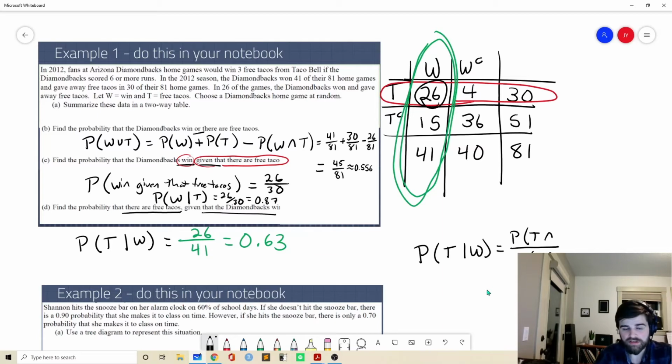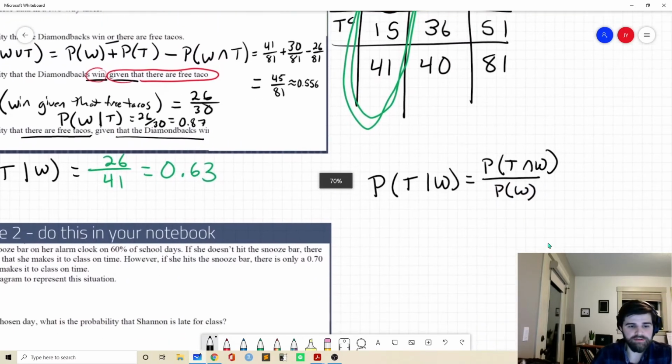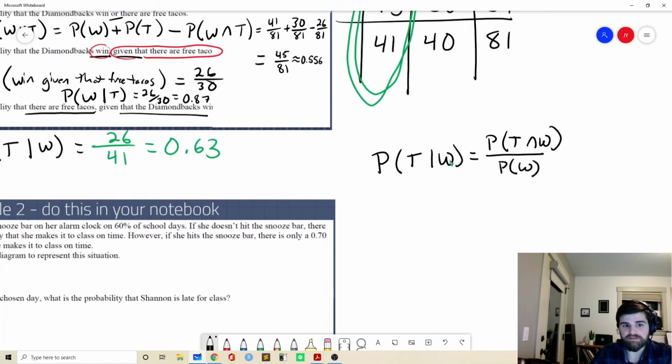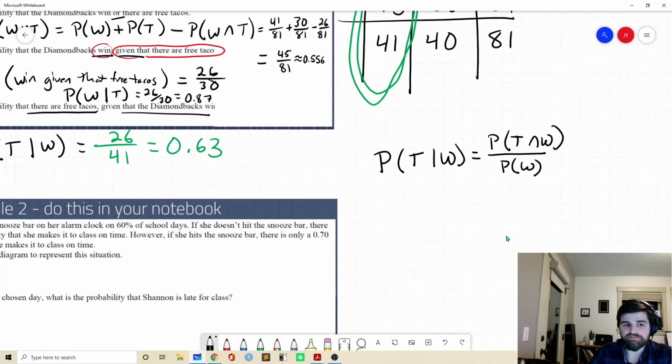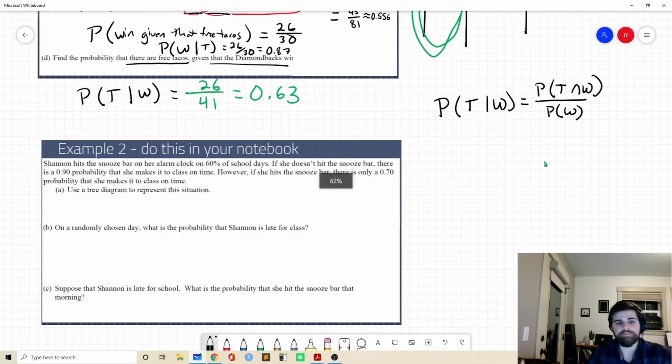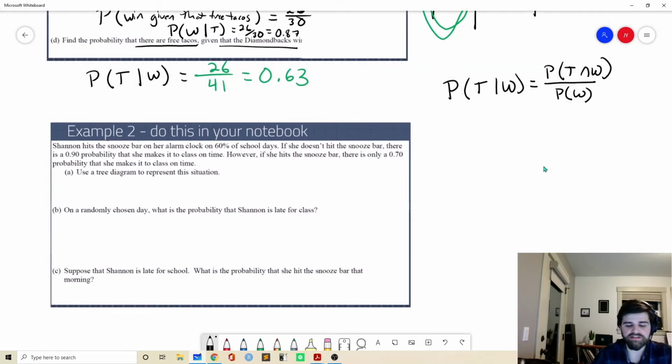Probability of tacos and wins. So this is the formula for conditional probability. The probability that A given B is equal to the probability of A and B divided by the probability of B. We're going to need this in just a second, and I'm going to make this A and B because that's the general way to write it.